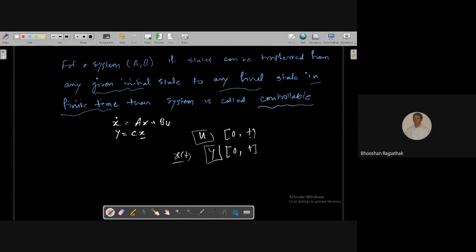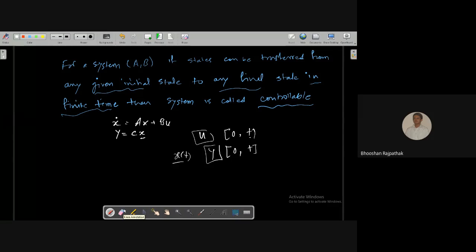A similar definition is there for a system AC. Instead of AB, now AC is observable if for u and y from 0 to t, the state x of t can be calculated or measured. So that system is observable.